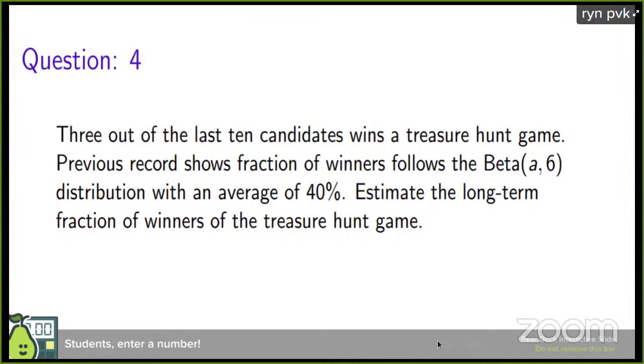So the prior distribution's mean is given. What do we have to find now? First, calculate the value of a, and then solve for the posterior mean of the fraction. Can you solve this? Try it, and we'll see the solution. Take 5 minutes and we'll solve this.